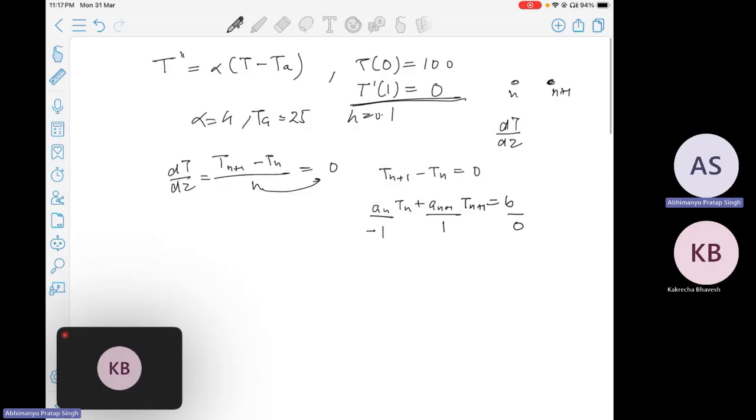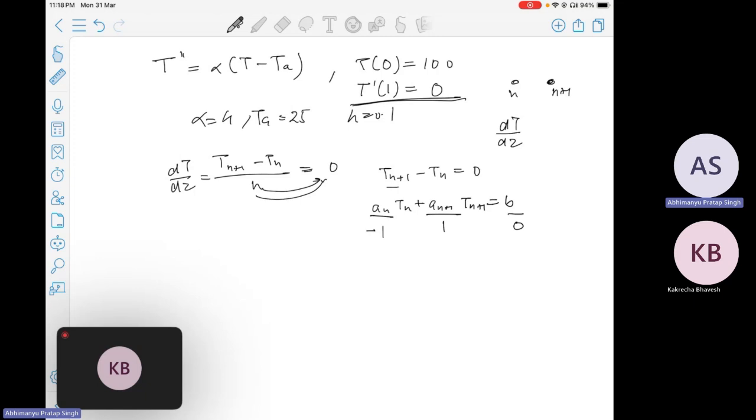Yeah, sure. What they want us to do in option 1 is write the backward difference formula for this Neumann boundary condition. So that will give us something like this: dT/dz is equal to (Tn plus 1 minus Tn) upon h, and we know that it is given to us as 0. So we take this h to that side, and we get this equation: Tn plus 1 minus Tn is equal to 0.